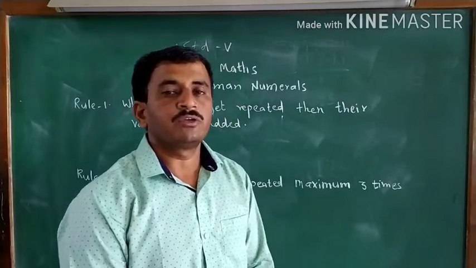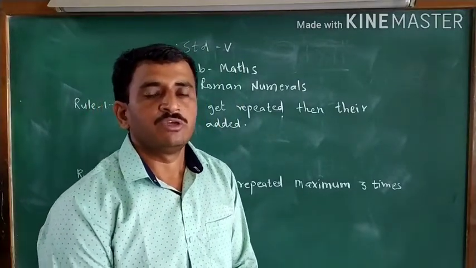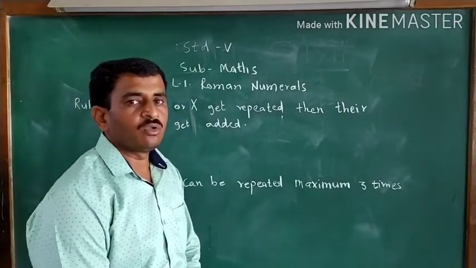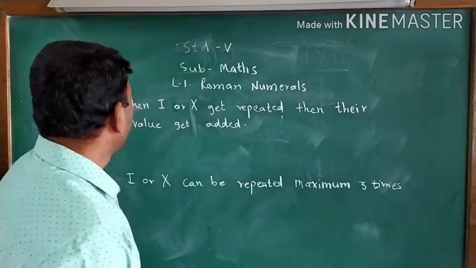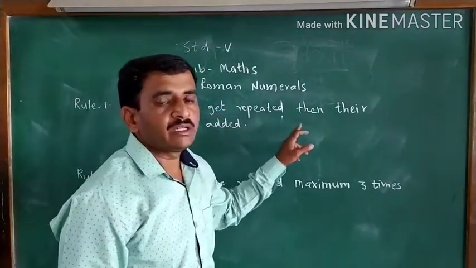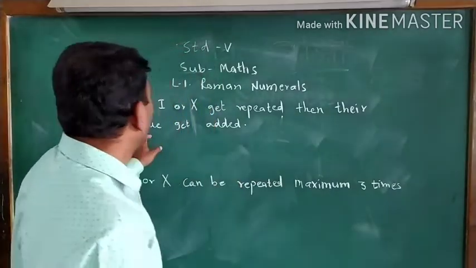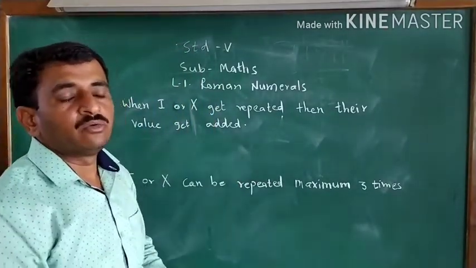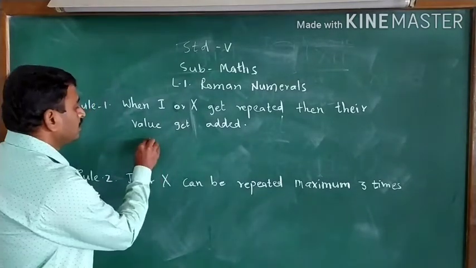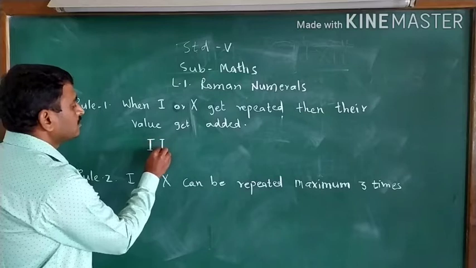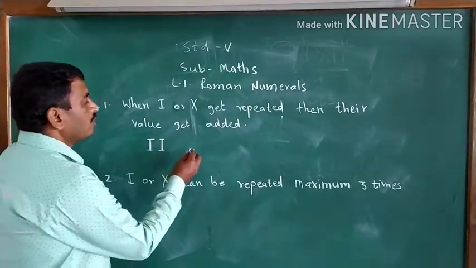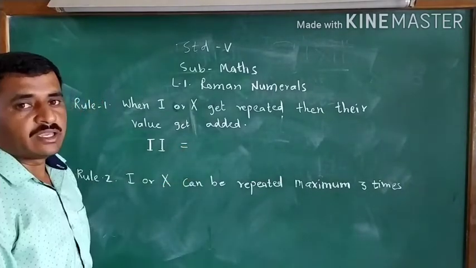Now we are going to see the rules used to create Roman numerals. Rule number 1 says that where I or X get repeated, then their value gets added. We take some example. When we write 2, then we use 2 I's. Now here I gets repeated, so value of I gets added.